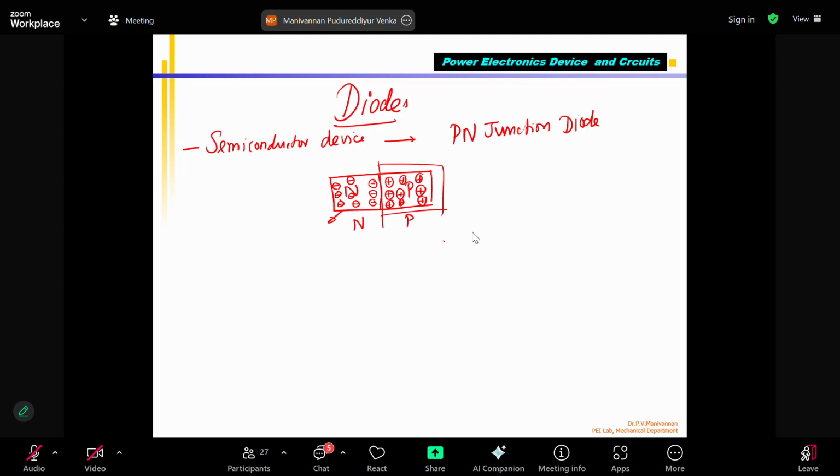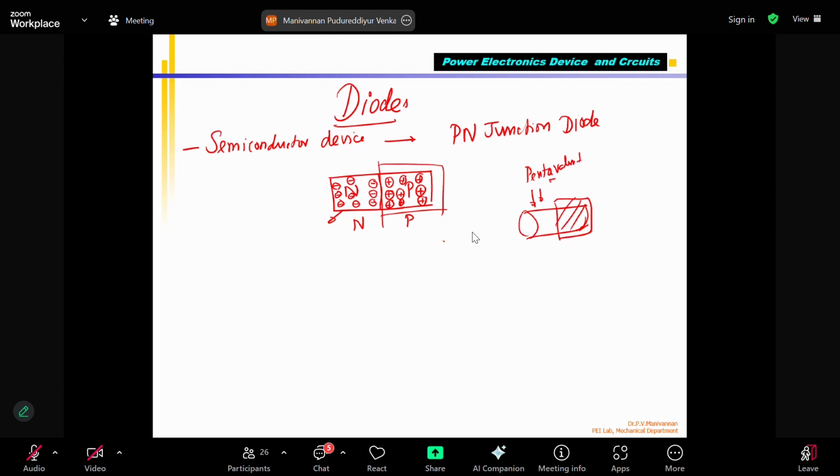A ceramic coat, some non-conducting material, and generally if you think of it as a cylindrical rod, this portion will be covered so that nothing can go in. This half alone you dope with the pentavalent element.